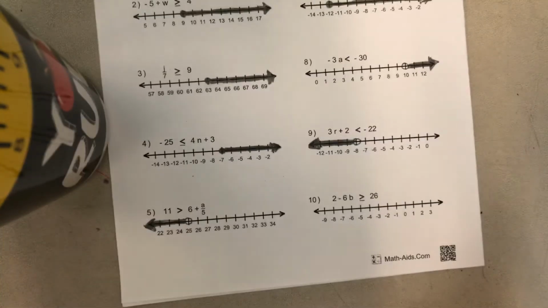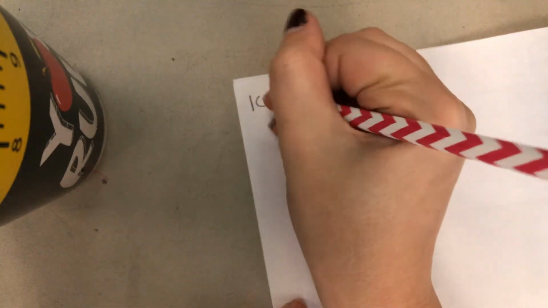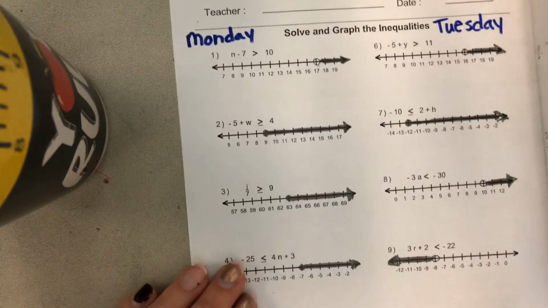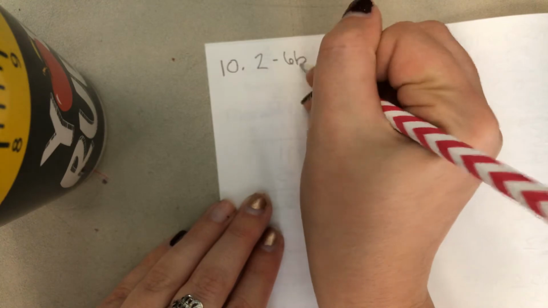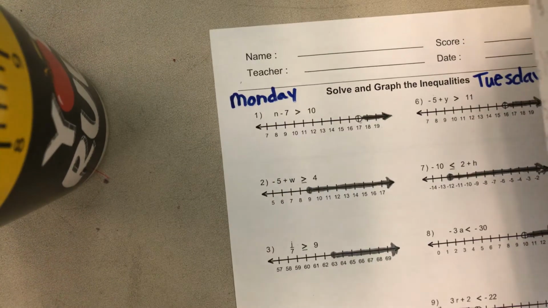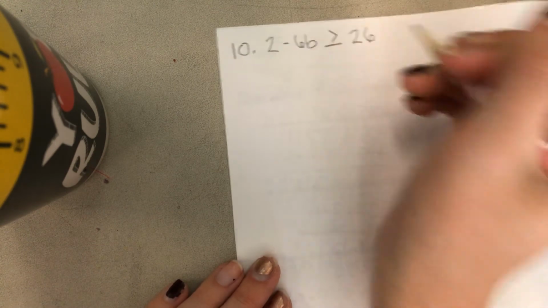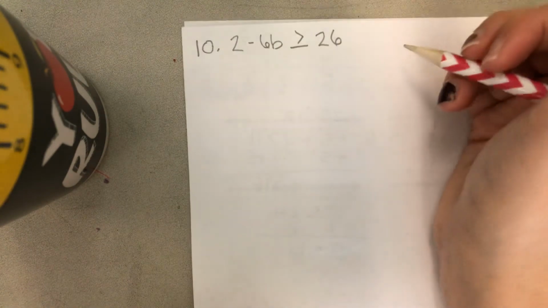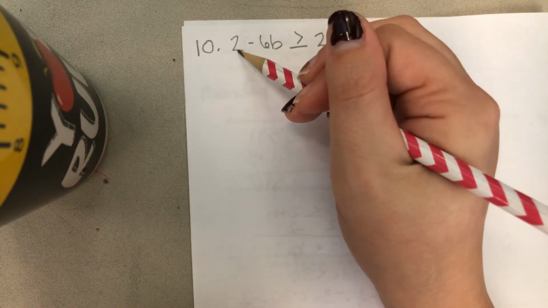And finally, number 10: 2 minus 6b is greater than or equal to 26. I'm just going onto the back because I ran out of room, and you have plenty of room on the back. The number that does not have a variable, so the 2, we need to do the additive inverse.